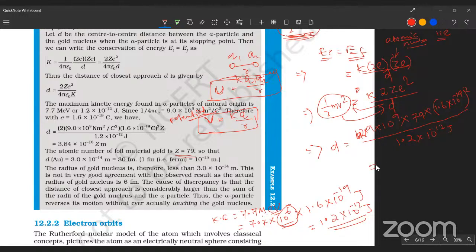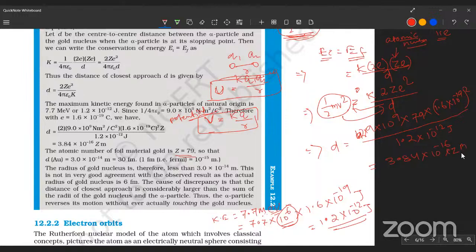So we'll be getting the distance of closest approach. After multiplying, approximately we get 3.84 into 10 to the power minus 16 into Z, which is 79.